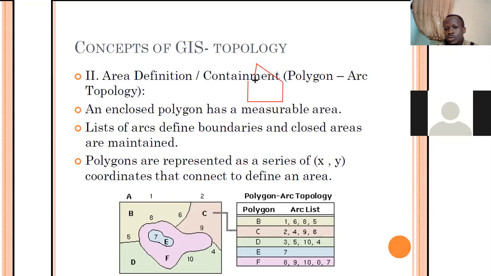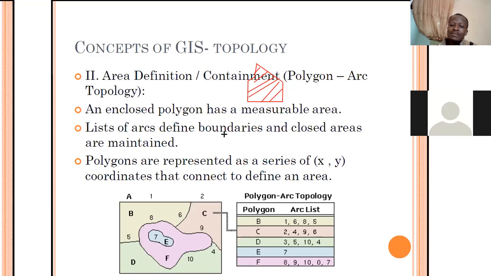Mathematically, the two lines will have to meet. All the lines have to enclose like this. Then we are ready to go, and we can now say, find the area of this. So that is the area definition, or the Polygon Arc Topology.